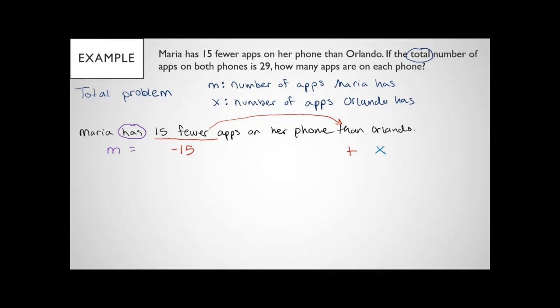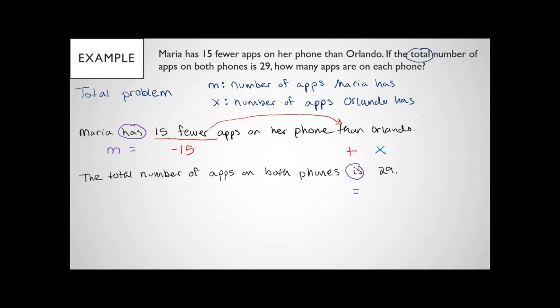So I've translated that sentence. Now I'm going to go back to the problem. So that was the first sentence. Now we have the total number of apps on both phones is 29. So I'm going to just rewrite that so you can see the translation. So I'm looking for my is. So I'm going to have my equal sign.